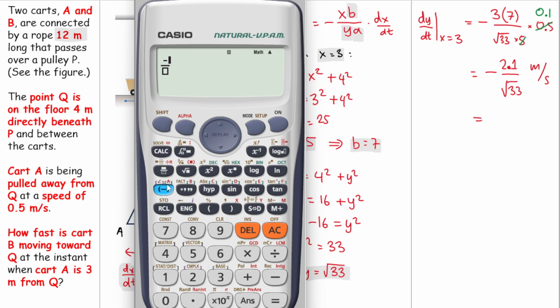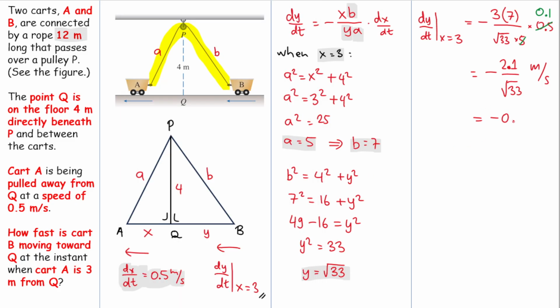We will have minus 2.1 divided by the square root of 33, and I will have minus 0.366 meter per second. And the minus sign means that the length of y is decreasing. So y is decreasing. That is why we have a negative sign.